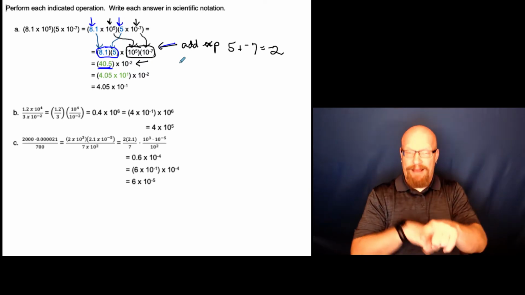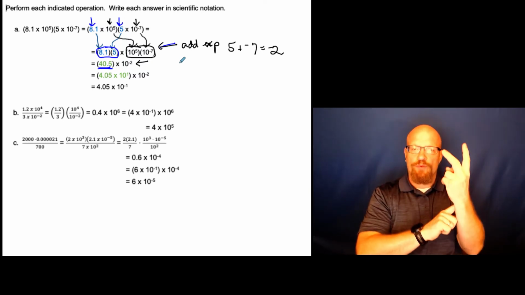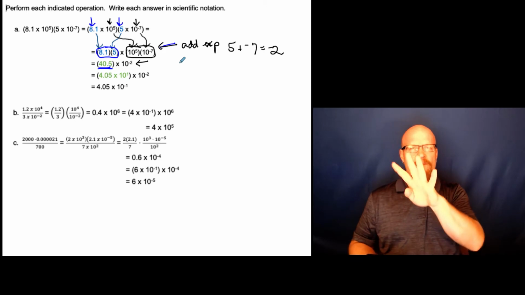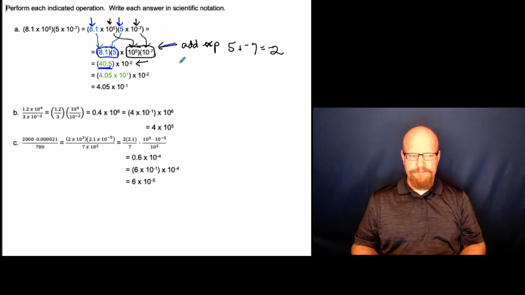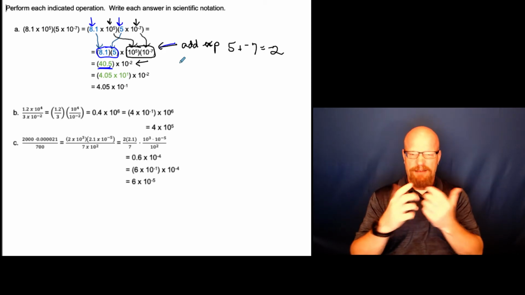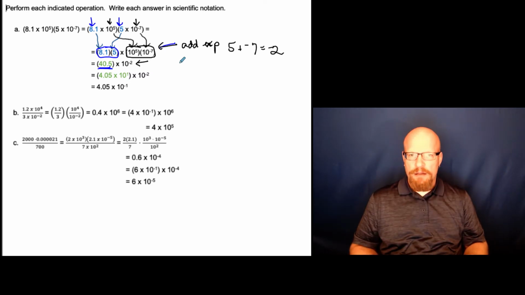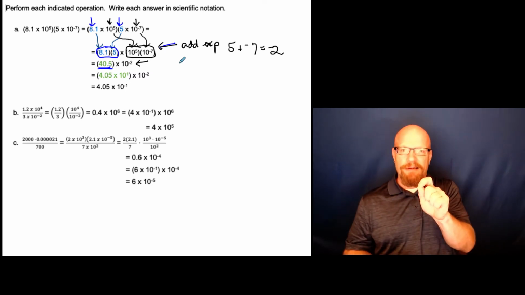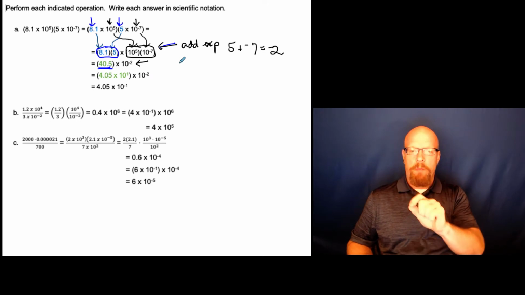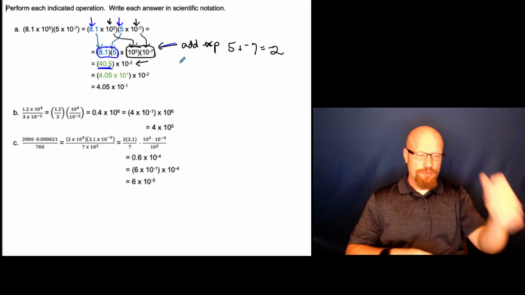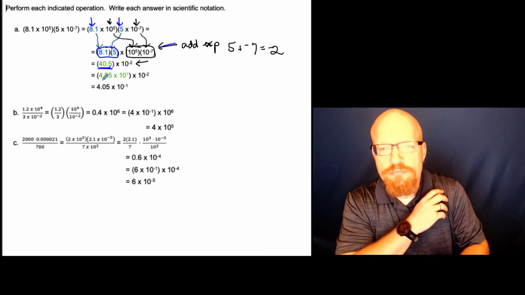So now, it's 10 to the negative 2 power. Now look at 40.5. It doesn't fit the rule. It has to be between the numbers 1 and 9. So we have to use scientific notation on the first number. It becomes 4.05 times 10 to the first.